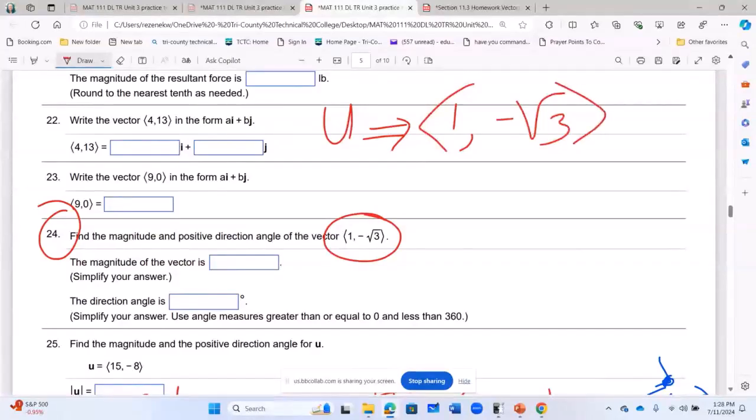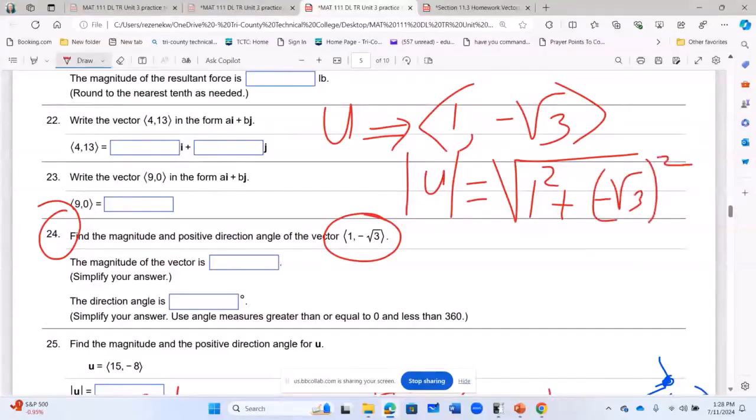All right. So first of all, let me find the magnitude of the vector u. The magnitude is the square root of the x component squared plus the y component squared. But if I'm squaring any negative number, the answer is still positive.